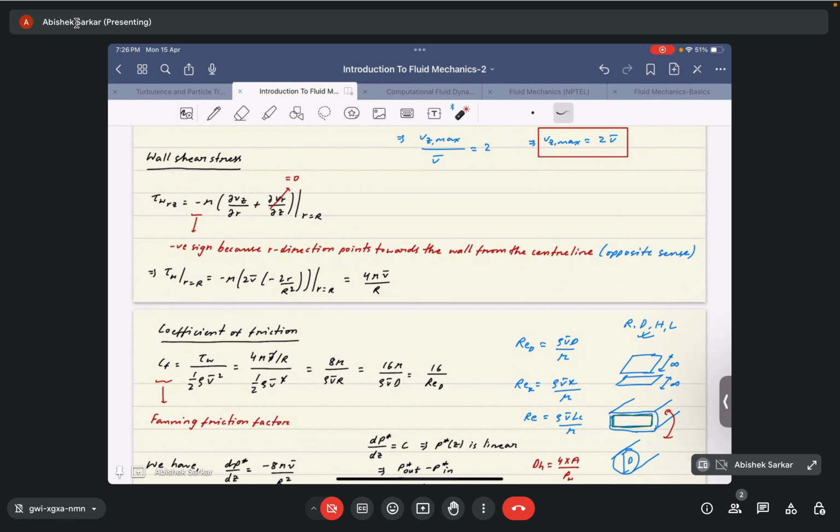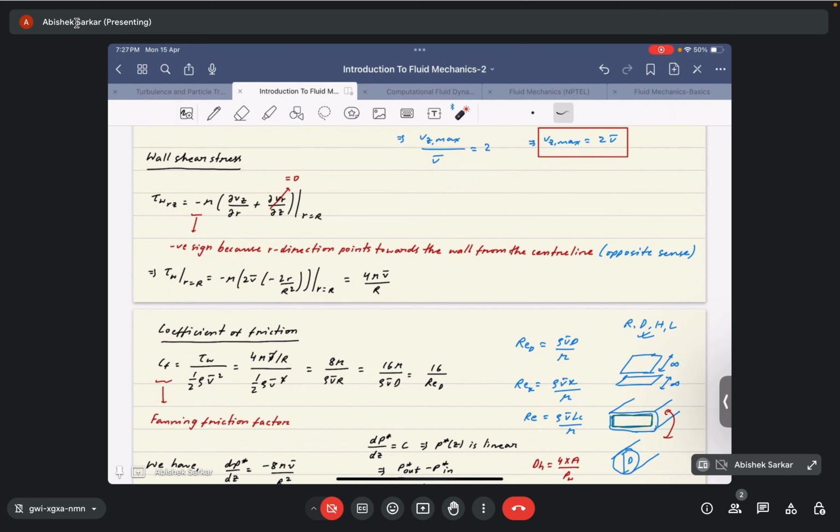From that we know that tau is equal to 2 mu Eij, where Eij is the linear strain rate. If you substitute that here, we get tau wall at rz is equal to minus mu times (dou Vz by dou r plus dou Vr by dou z) at r equal to R.